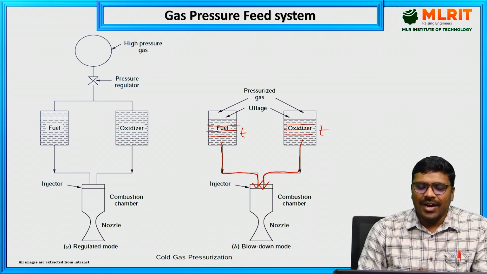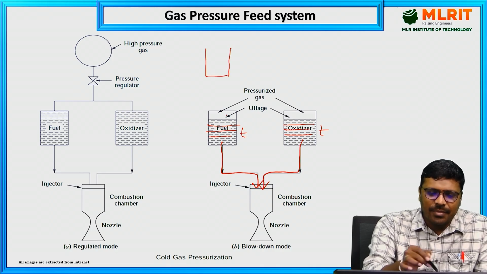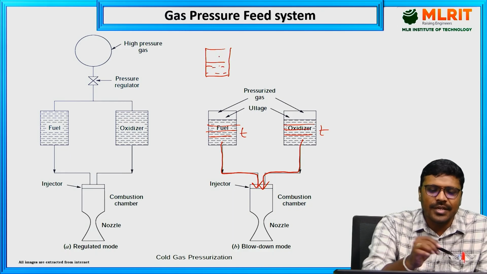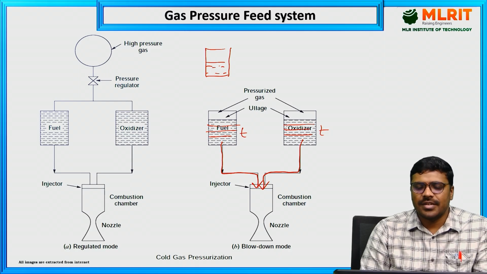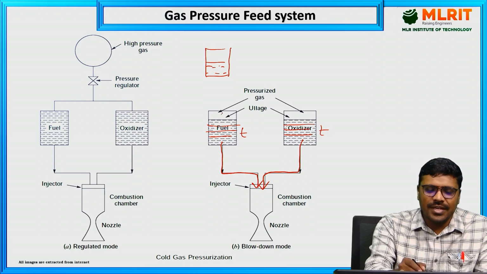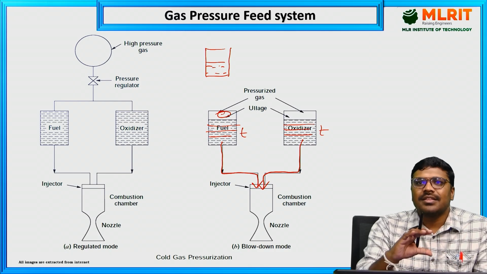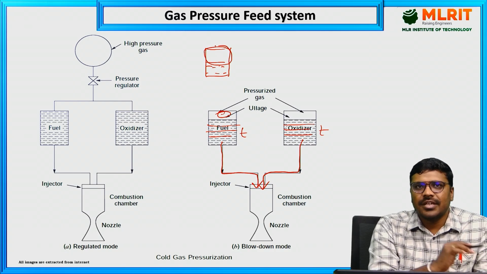The empty space is initially this much only, but after some time the empty space increases, even in the fuel and oxidizer tanks. So the volume occupied by the pressurized gas in the tank increases.